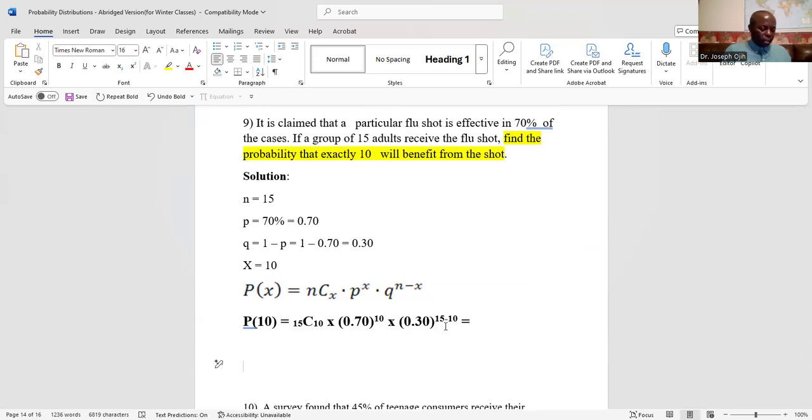We got 15 combination 10 times P, which is 0.7, raised to the power 10, times 0.3 raised to the power 15 minus 10. And that will give you the answer right away. Let's go and put it on the calculator.